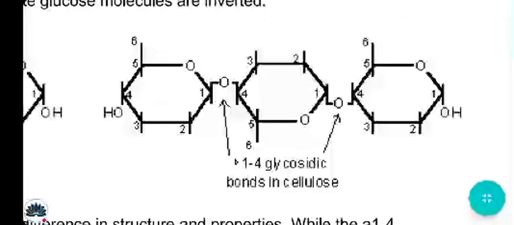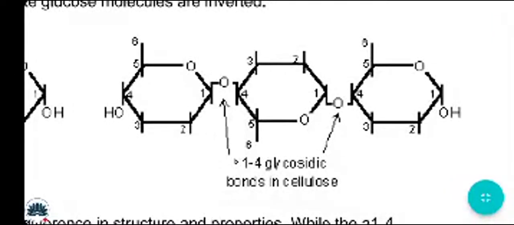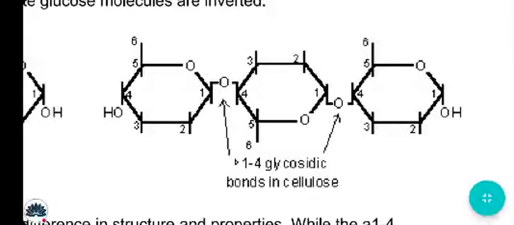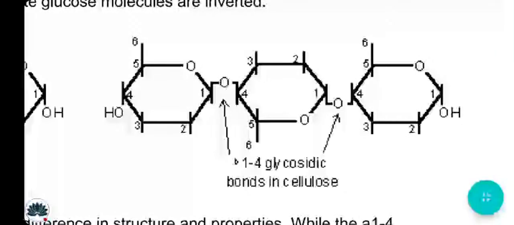So the question is, from beta glucose, every glycosidic bond must react above the carbon. It's now above, then the glycosidic is below, then above. That is why it is inverted.